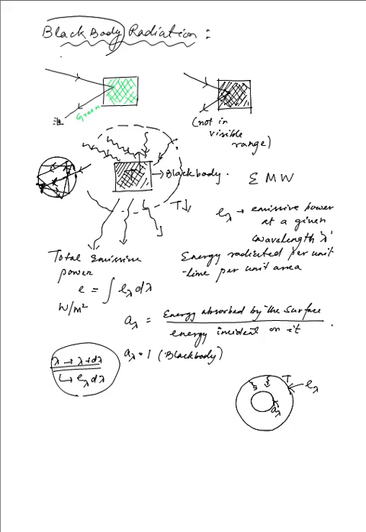If dq is the radiant energy incident per unit time per unit area, then the energy absorbed per unit time per unit area will be A lambda times dq.